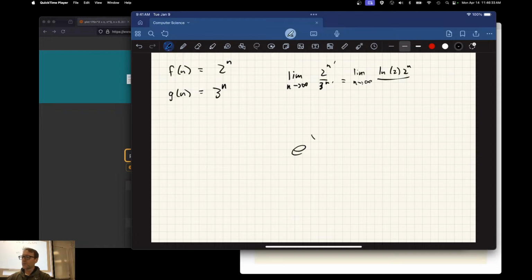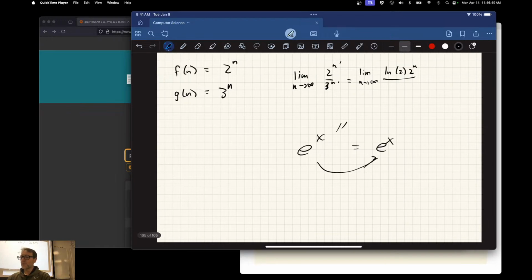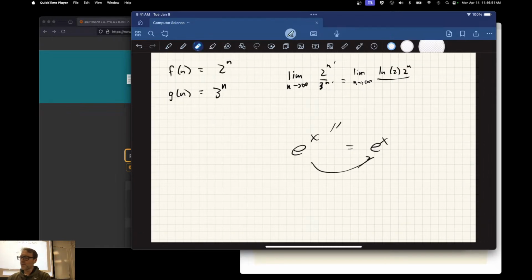Because what is the first derivative of e to the x? E to the x. What does that tell you about growth rates of exponential functions? They're still exponential. You will never get rid of them, right? And likewise over here, this is going to be natural log of 3 times 3 to the n.